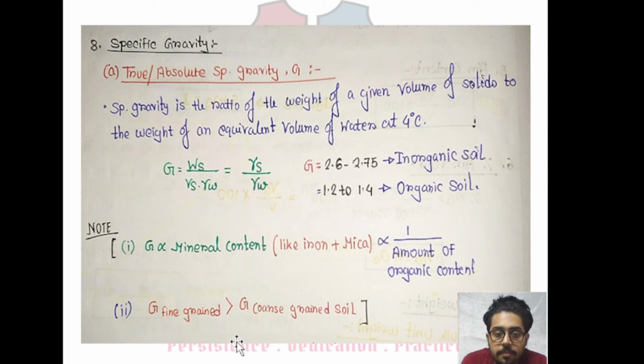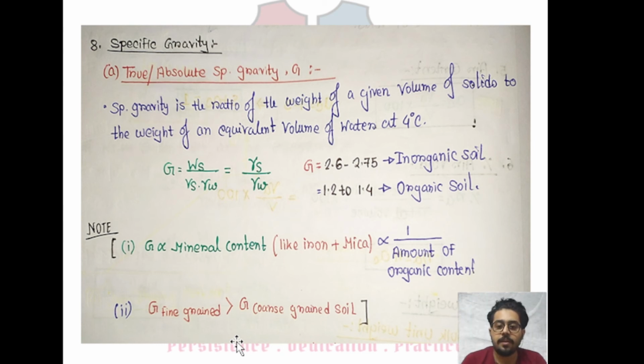So it is represented by Ws by Vs into gamma W. Now Ws by Vs, that means unit weight of solid. We have already discussed that gamma S equals Ws by Vs. So G equals gamma S by gamma W.